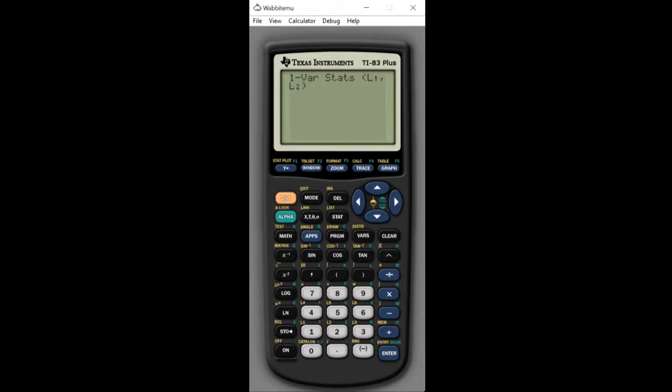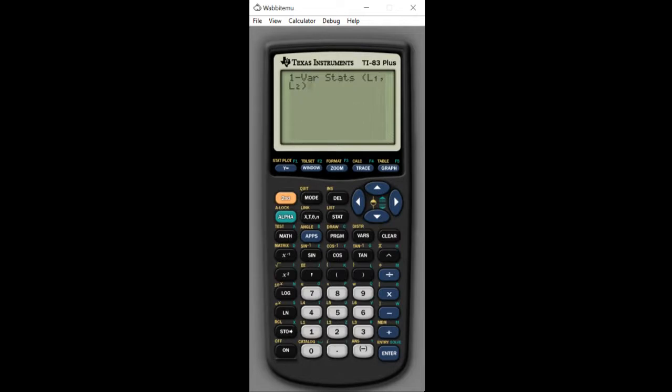And if you have a newer calculator, let me see, I had one around here somewhere. If you have a TI-84, and I don't know if you guys can see me or not, sometimes the first option says one-variable stats.